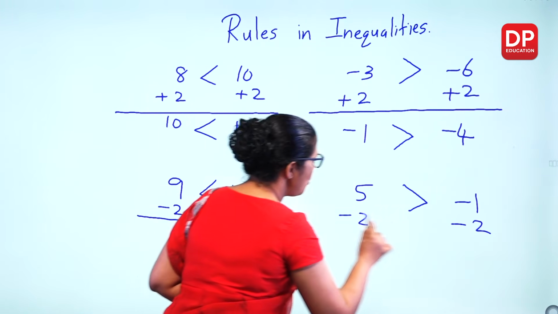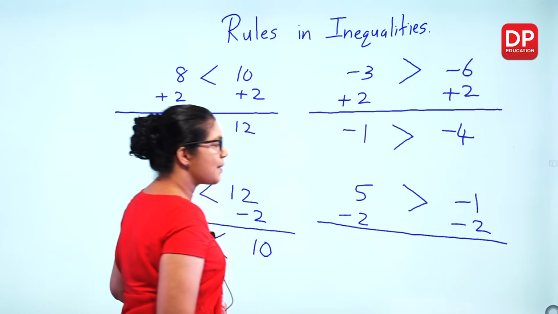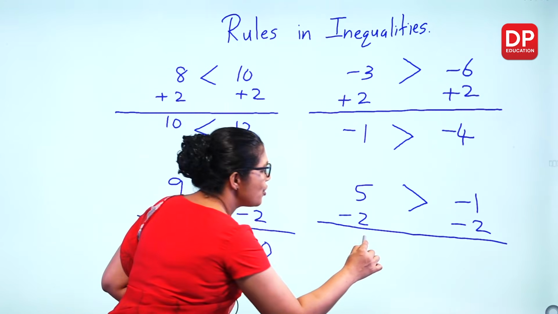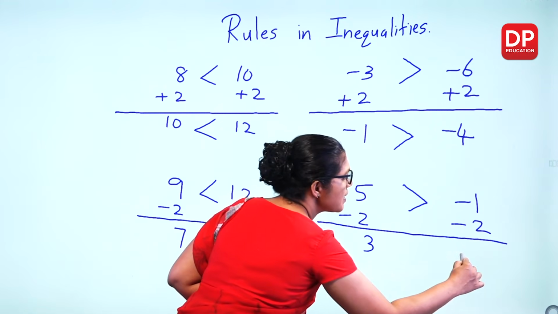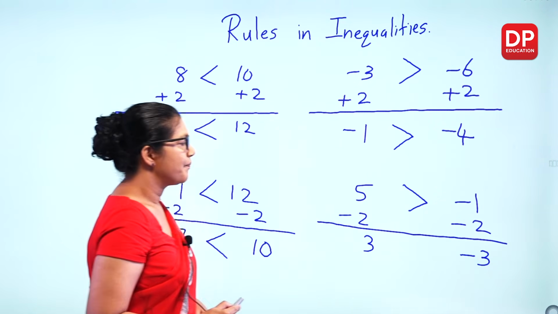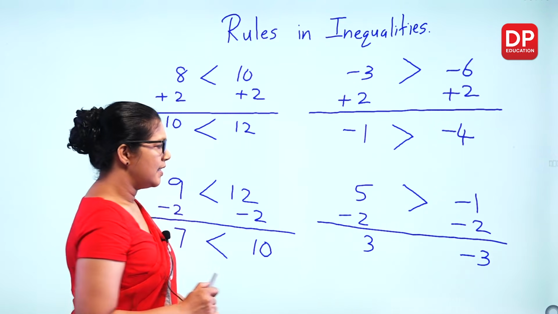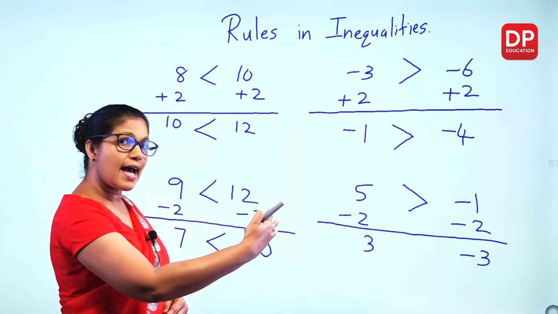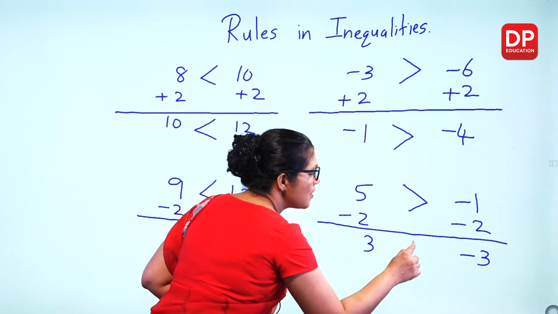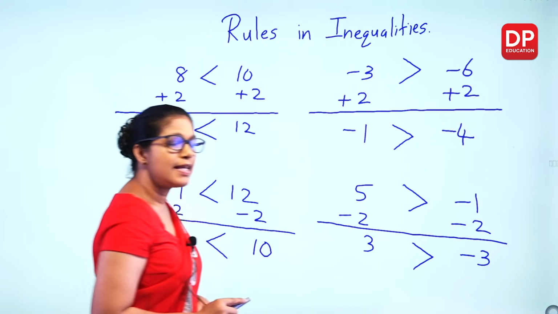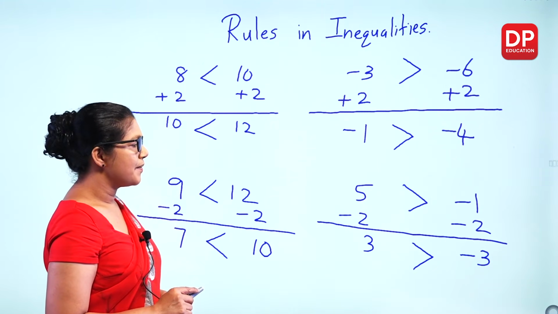Subtract 2 from both sides. 5 minus 2, you get 3. Minus 1 minus 2, you get minus 3. So which one is bigger? 3 is to the right side on the number line compared to minus 3. So here we can say 3 is bigger than minus 3.